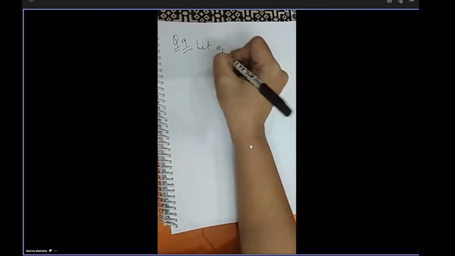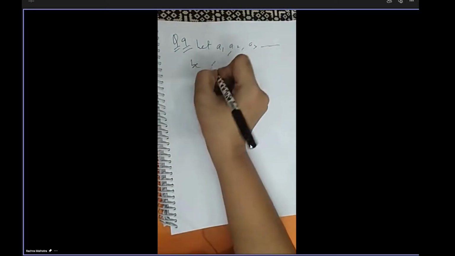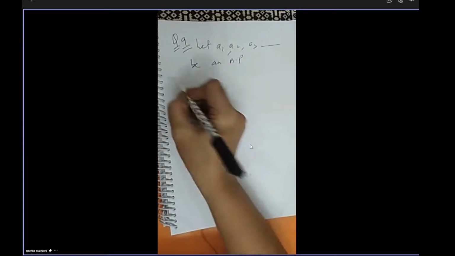In this question, two APs are there. The sum of n terms of two arithmetic progressions. So first I'm explaining two APs. Let A1, A2, A3 be an AP, and another one capital A1, capital A2.